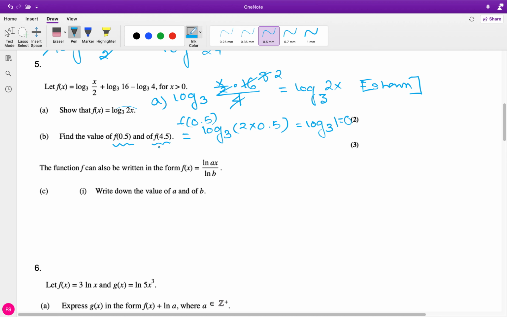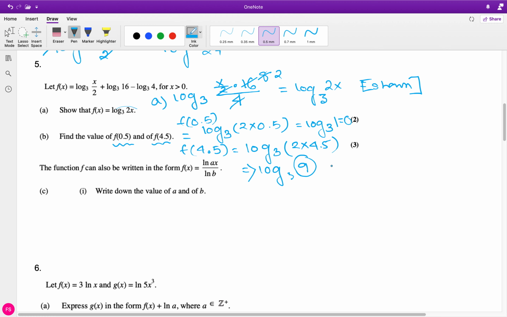The next term is f of 4.5. Same idea, you just need to substitute x equals to 4.5 instead of 0.5. So this equals to log of 3, 2 times 4.5. This will give me log of 3, 2 times 4.5 is 9. And 9 can be written as 3 square as well.